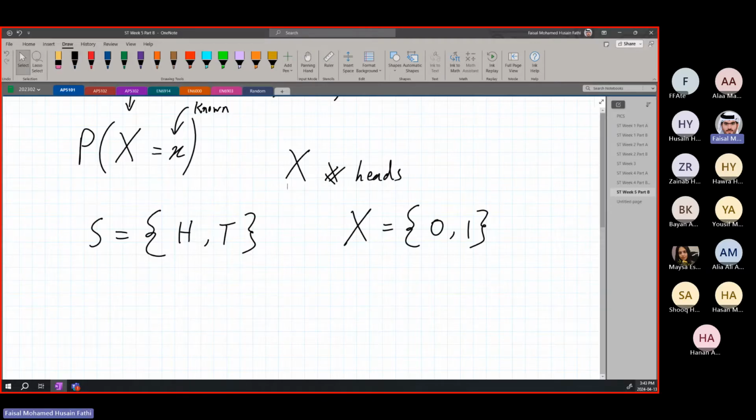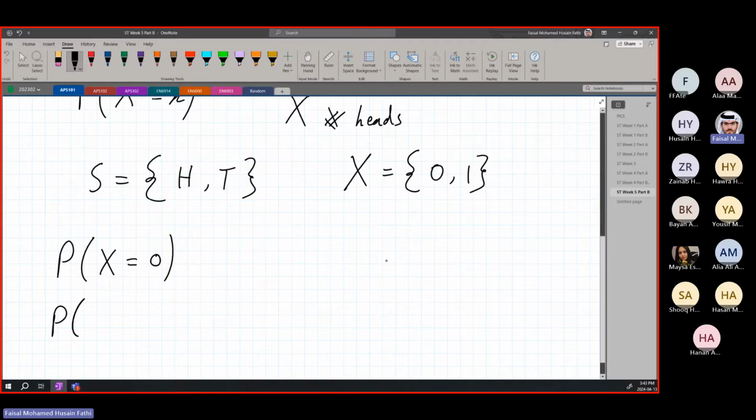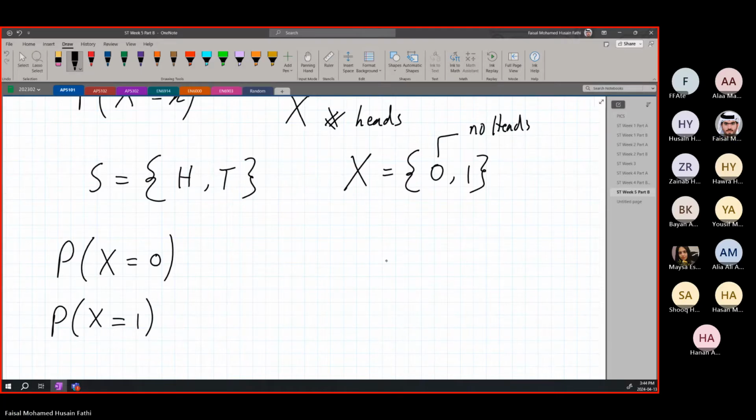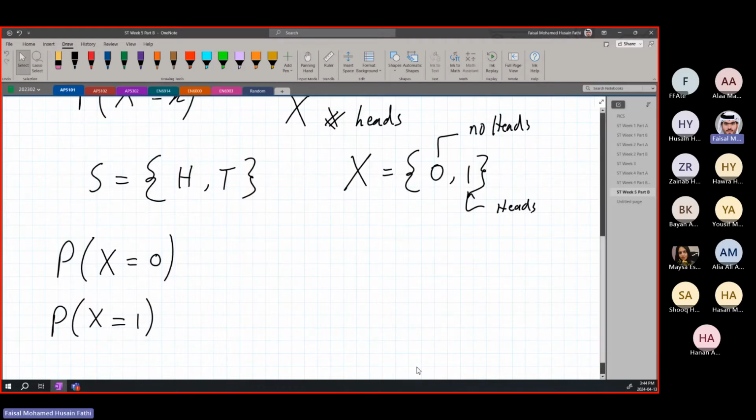This is what is meant by this capital X. So if we want to apply this probability distribution to it, it's going to be P of X is equal to 0. And then we also have P of X is equal to 1. So these are the cases when it's 0 and 1. Again, 0 means no heads. 1 means there is a head. Right? And you will get a better idea the more we solve questions.